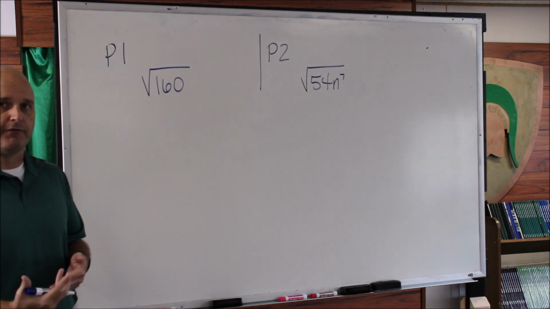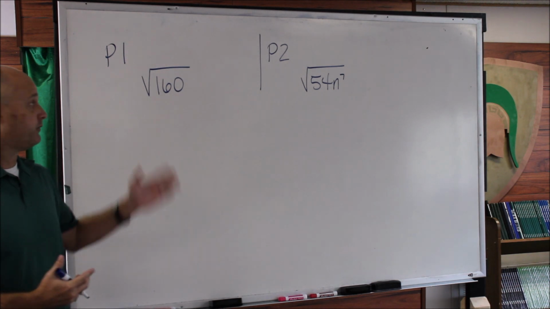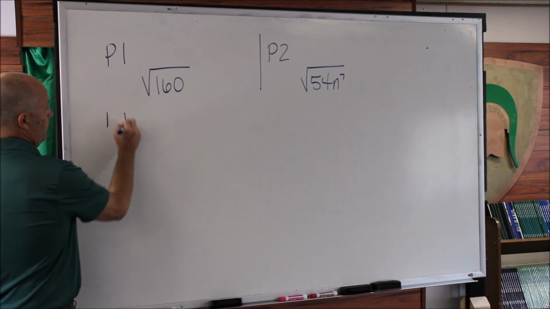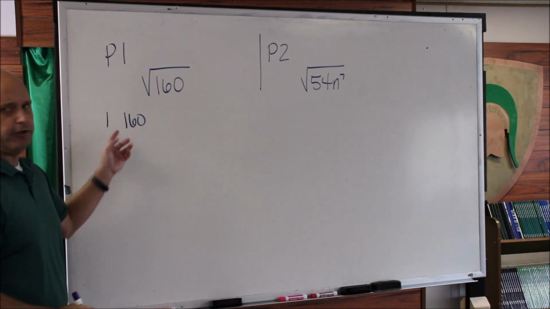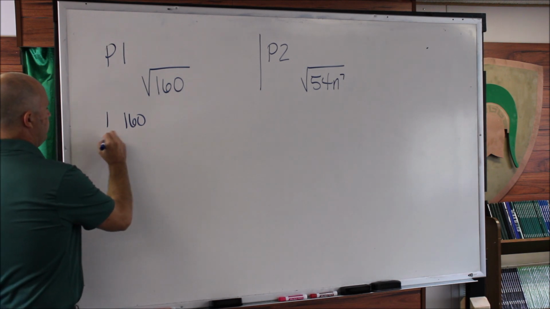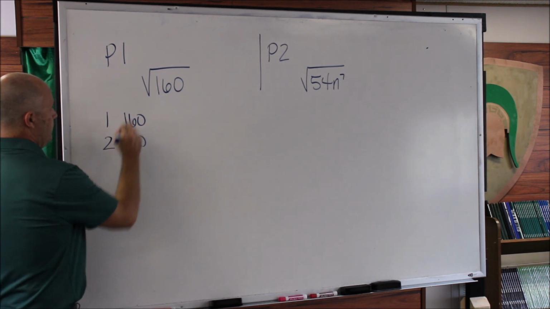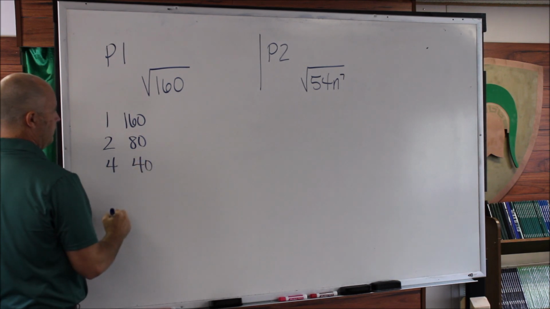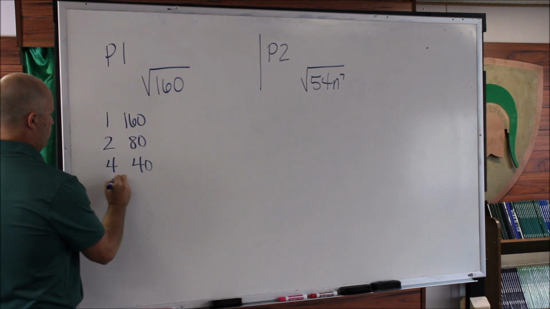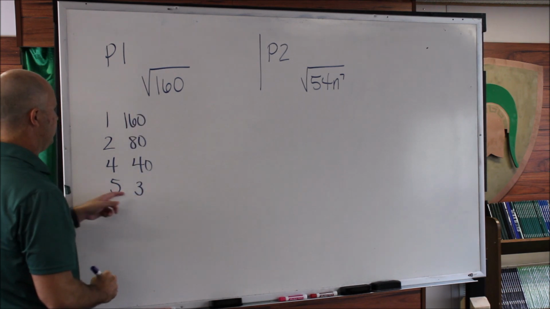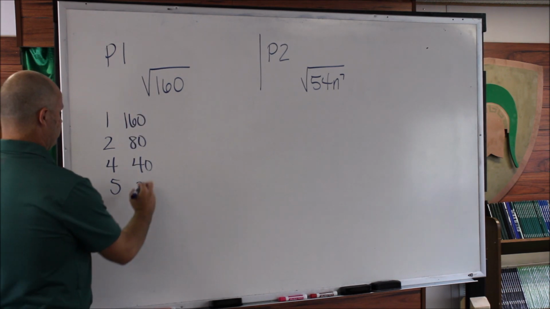To look for perfect square factors, I'm just going to list out the factors that I know for 160. So for 160, I've got 1 and 160, which doesn't do me a whole lot of good because that's not a perfect square factor to begin with. Then 2 and 80, 3 will not go into 160, 4 goes in 40 times, 5 goes in 32 times.